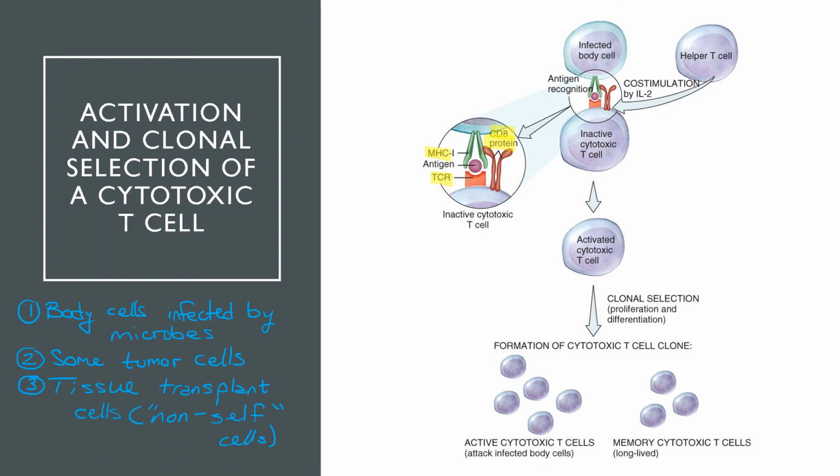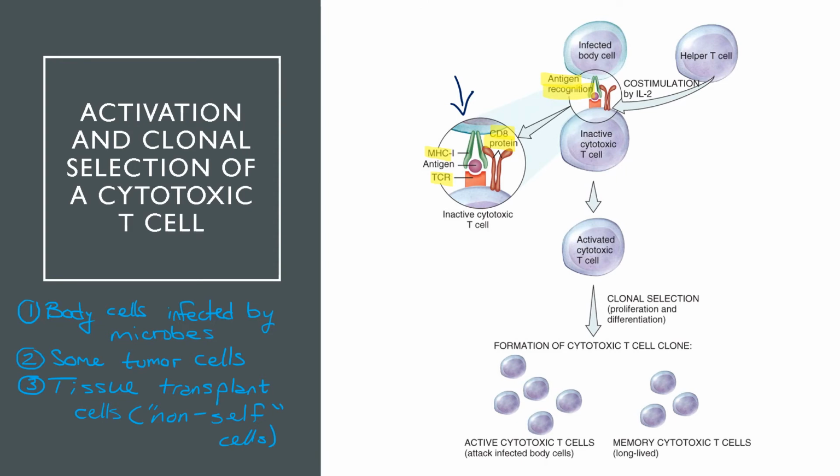Now, recognition requires the TCR and the CD8 protein to maintain the coupling with the MHC1 molecule. This is where we get antigen recognition. Pretty much this little circle here is going to be all that's required for antigen recognition.